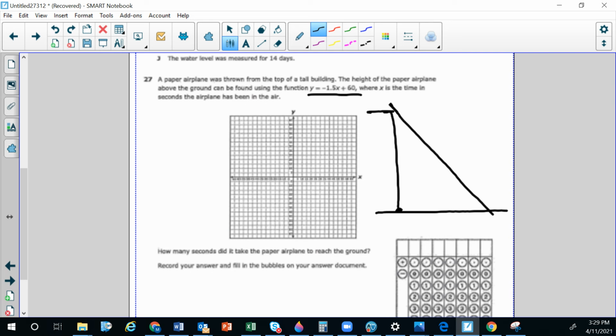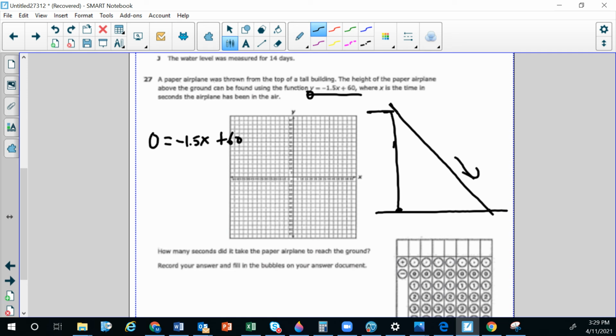So I've got to find x now. I'm going to set y equal to 0, because when the plane hits the ground, the height is 0. And so let's solve for that. We have 0 is equal to negative 1.5x plus 60.